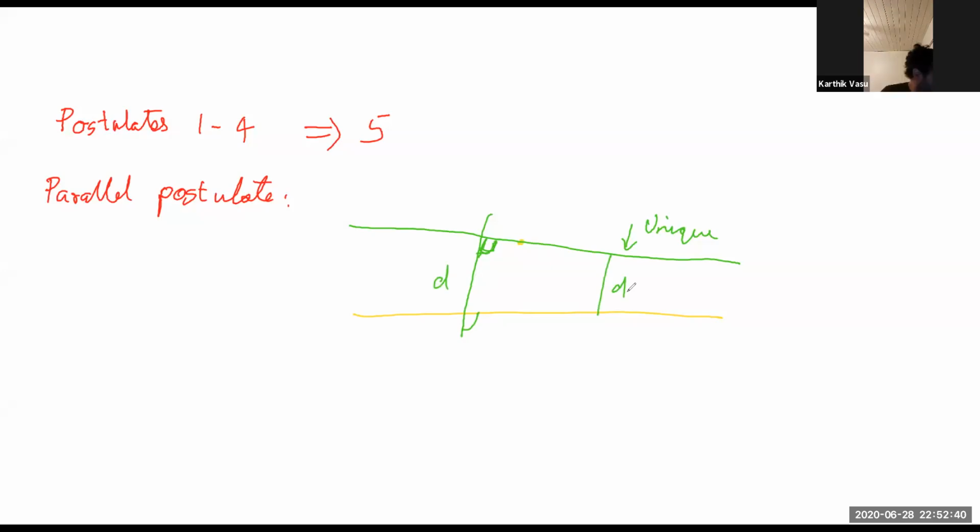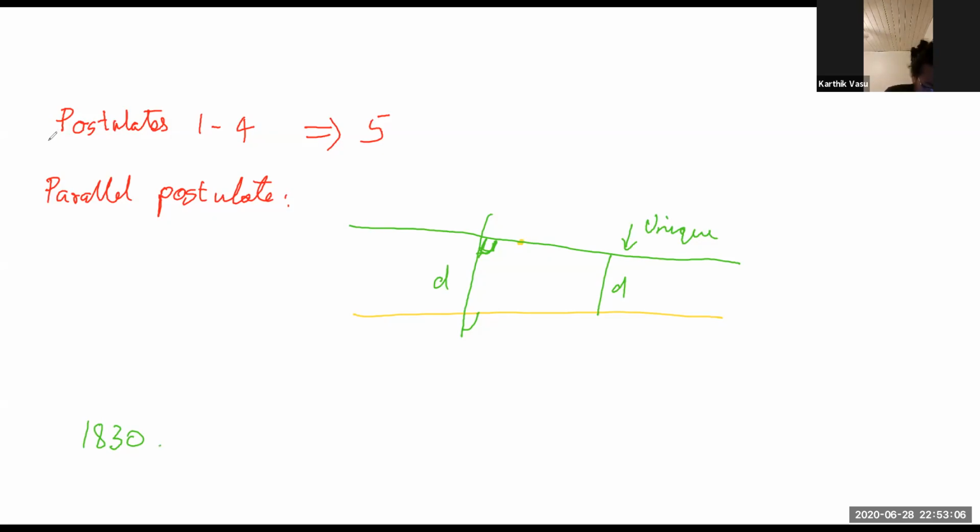So for about 2000 years people thought that you could actually deduce this from the first four. It was only around 1830 that Gauss, Bolyai and Lobachevsky discovered a non-Euclidean geometry which was actually consistent.